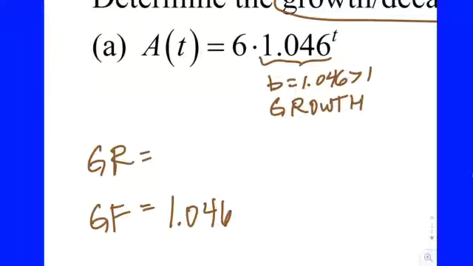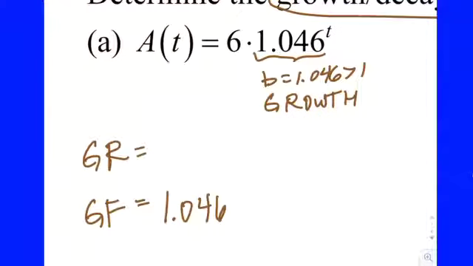What would be the growth rate? If something increases by a factor of 1.046, it increases by what percent? Is it 104.6%? No. So to find the growth rate, here's what some people find easier. If you take your growth factor and convert it to a percentage, just move the decimal over 2 places to the right, you get 104.6%.